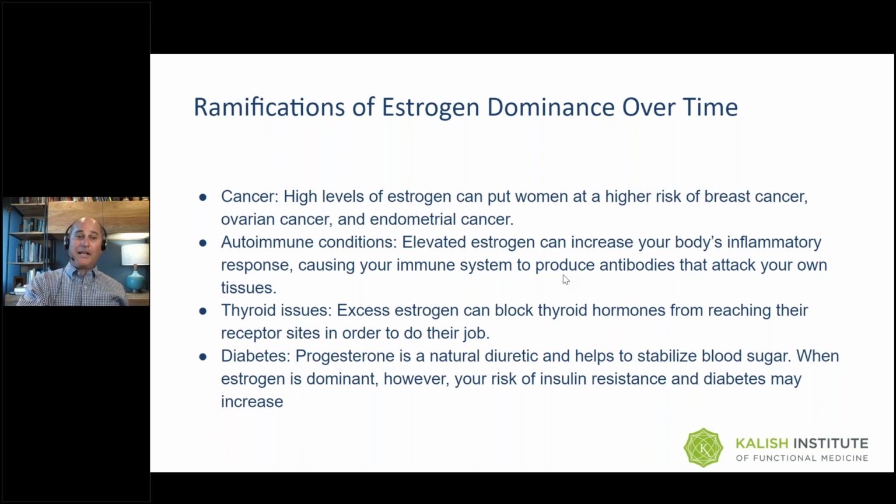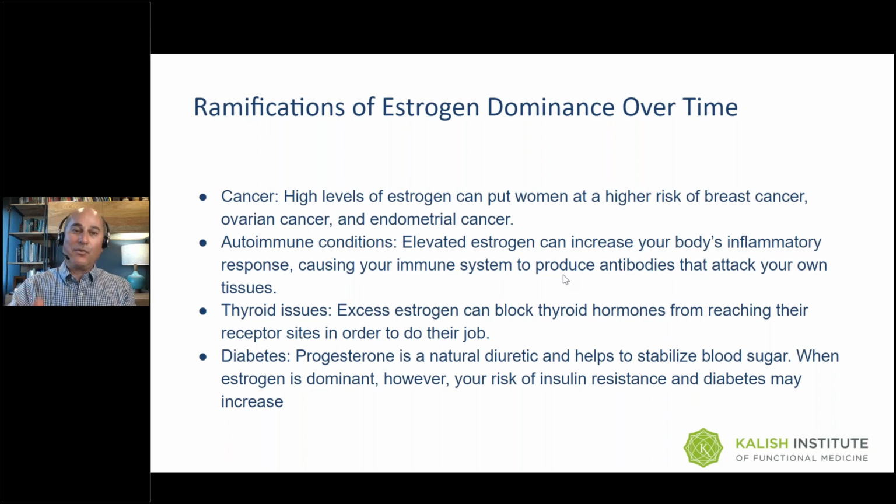If you're not breaking these estrogens down well, or if you have a high beta-glucuronidase, as we were saying earlier, that's a gut marker from a stool test, or if your detoxification pathways are kind of gummed up, then the hormone level that's in the body is determined by how much you're making combined with how much you're breaking down.